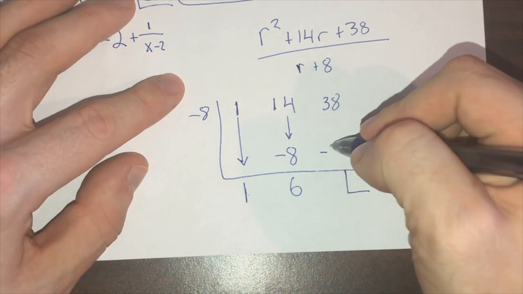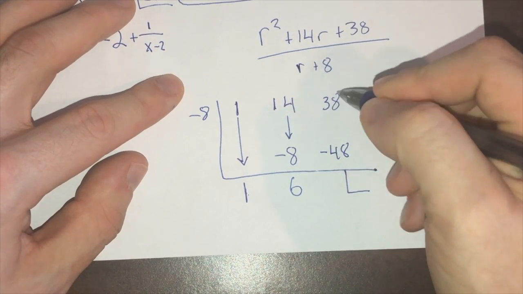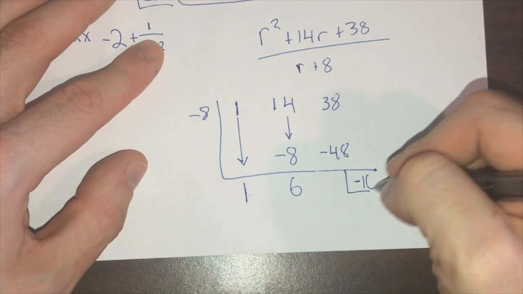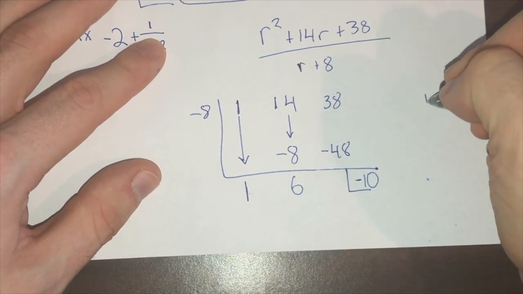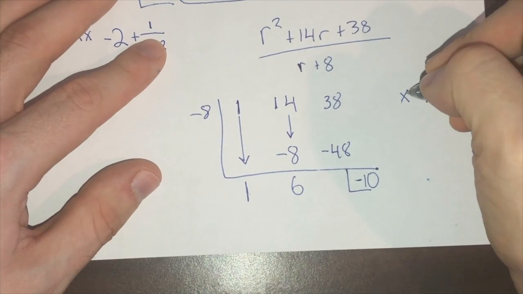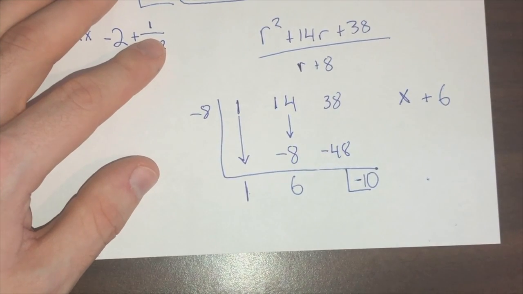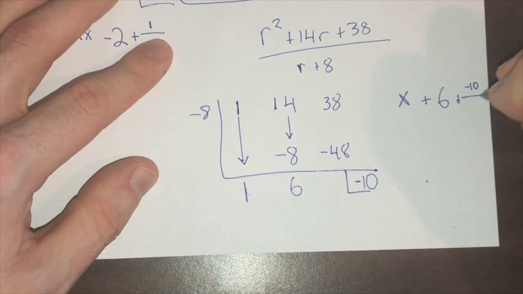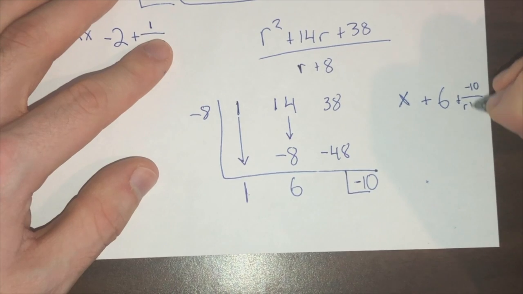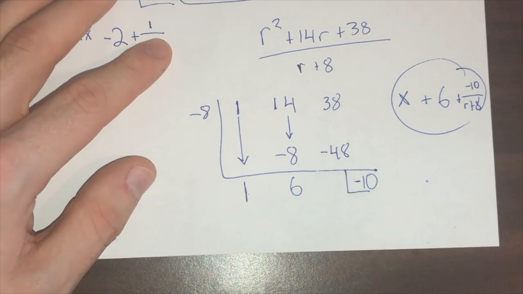I get -48. Add up 38 and -48. I get -10. Then I come down. I do my 6 plus x. Some people like to do it the other way, and that's understandable. And plus, bring in my remainder, -10 over r plus 8. Okay? And there we go.